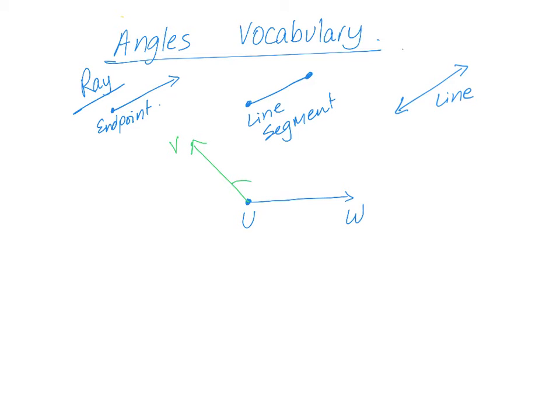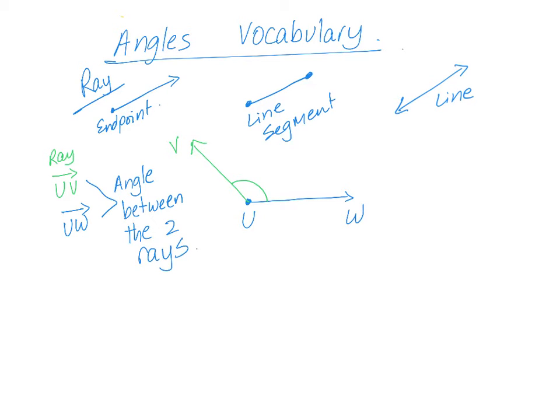So this angle between the two arms, UV is one of the rays, and UW is the other ray. The angle between the two rays is what we are trying to describe. So that is that green dot.